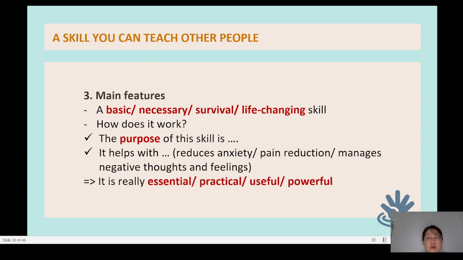And then again, you should conclude your main idea with a sentence at the end of the part. It's like this: it is really essential or practical or useful or powerful. You can say whatever you talk about.